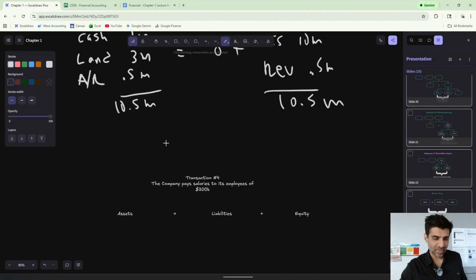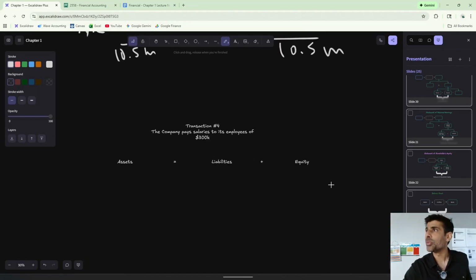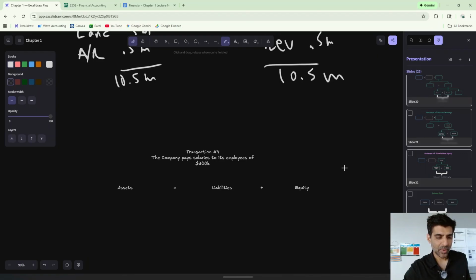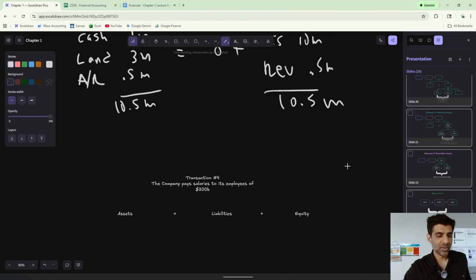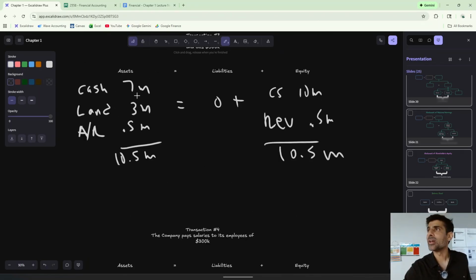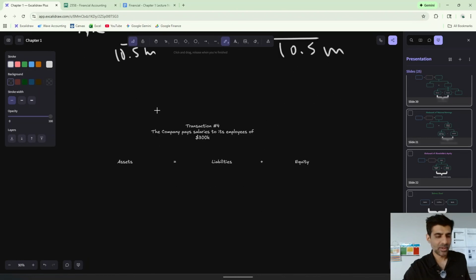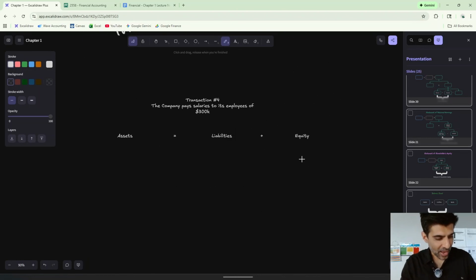The company pays salaries to its employees of 300,000. Okay, so what did we pay with? Cash, right? So our cash, our assets, are going to go down. Agreed? Okay, so we'll have cash. We had 7, but we just paid out 300,000. So it's 6.7 million.